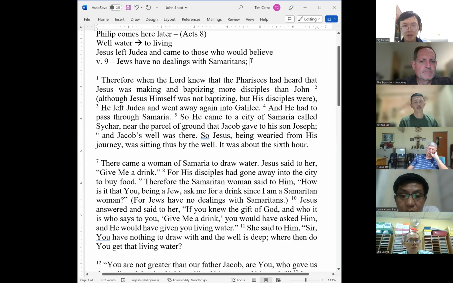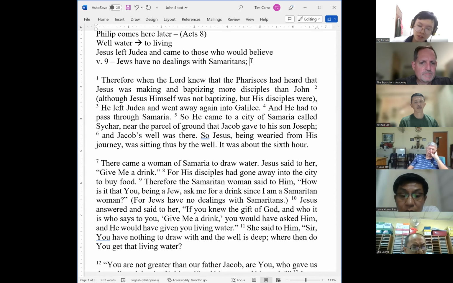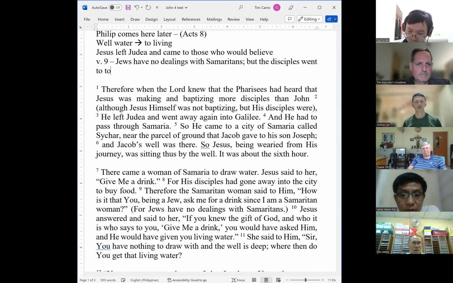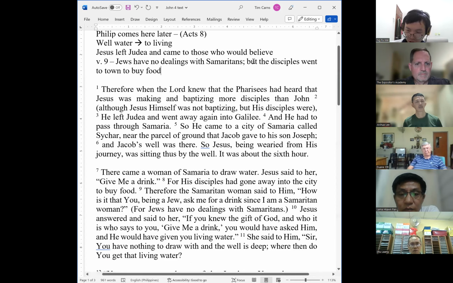This is my observation: in verse 9, for Jews have no dealings with Samaritans, but the disciples seemingly have something to show that they are willing to deal with these Samaritans, going to Sychar to buy food.